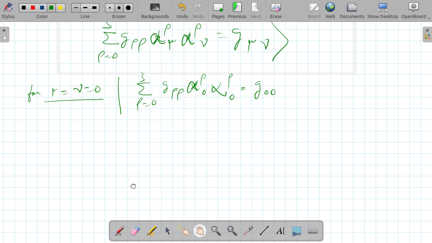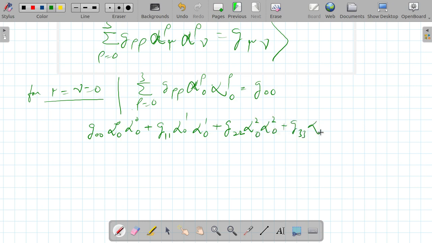If I open the summation, then it is g00 alpha 00 alpha 00 plus g11 alpha 10 alpha 10 plus g22 alpha 20 alpha 20 plus g33 alpha 30 alpha 30, and this must be equal to 1.